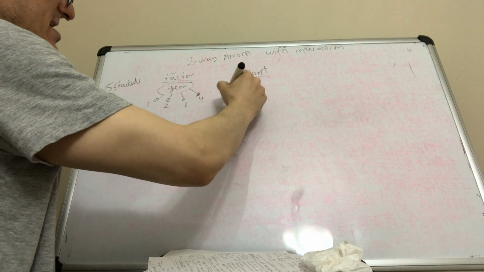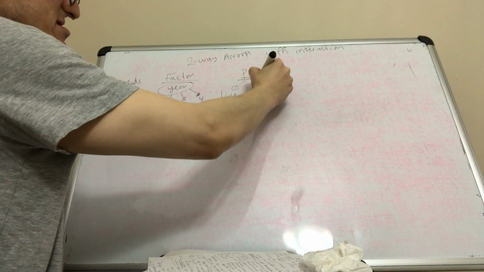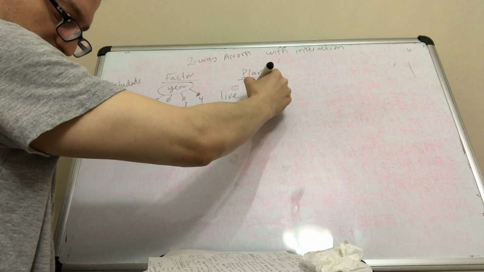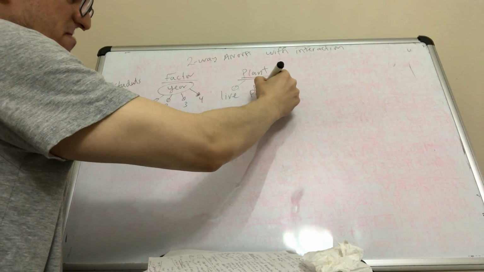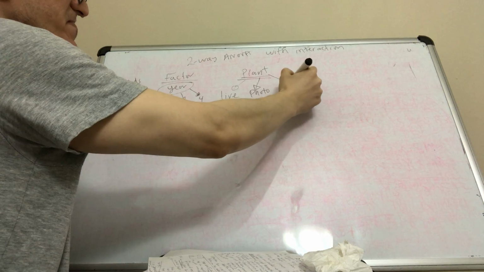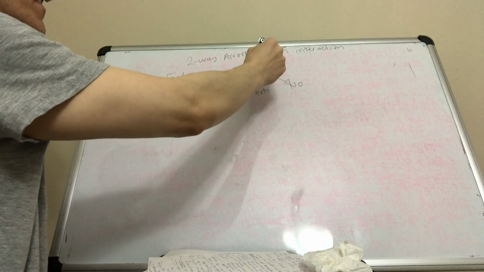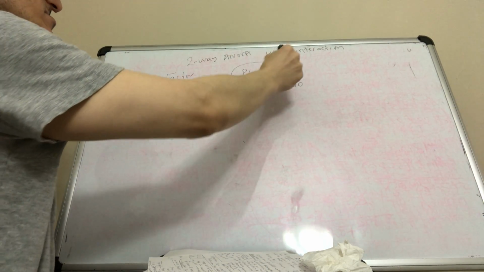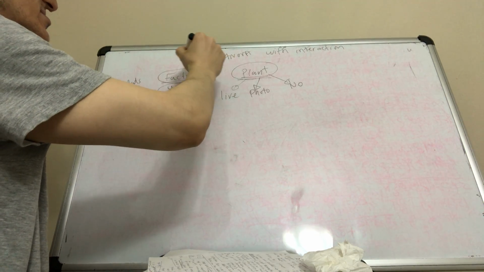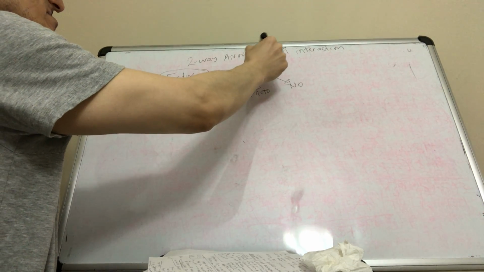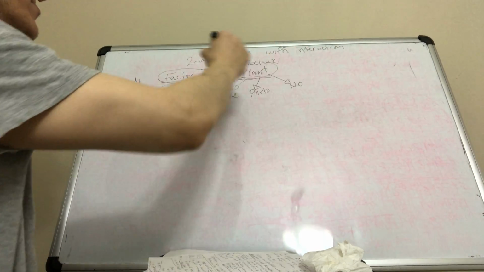They had live plant, they had photograph of a plant, and they had no plant. And that would be level 2. So this is factor 1, this is factor 2.